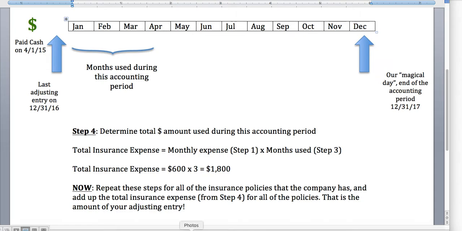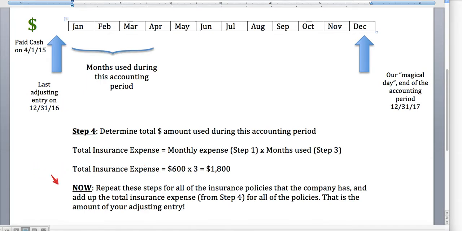And then we multiply that times the months used from step 3, which we learned was 1, 2, 3 months. That equals the total insurance expense on this policy of $1,800, right? $600 times 3.